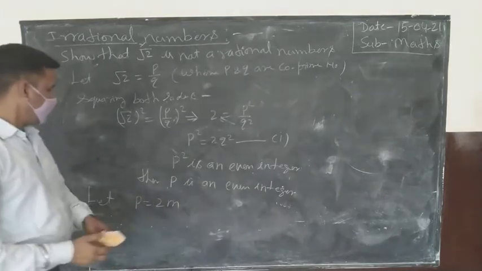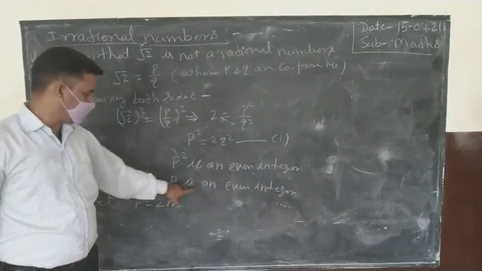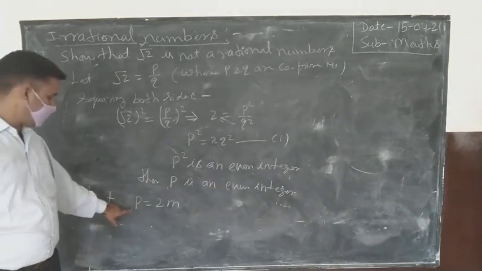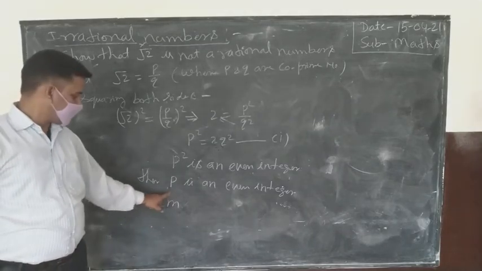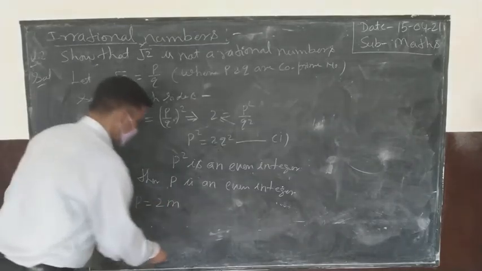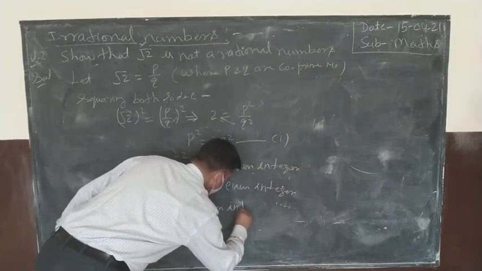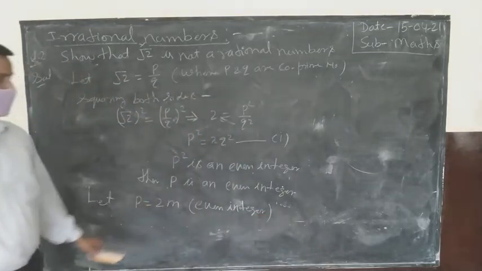So I am putting here the possible value of P when P is an even integer: P equals 2n, because this is also an even integer.